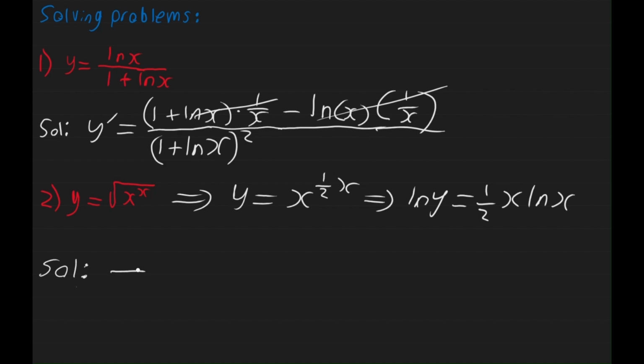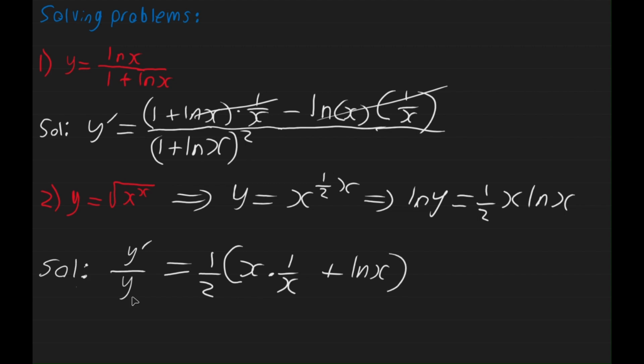So the solution is y dash over y equals half, open bracket, this is a product rule, x ln x, so x multiplied by 1 over x, which is just 1, plus the second, which is ln x, multiplied by the derivative of the first, which is x, which is 1. You don't have to write it. Multiply both sides by y, remove y, and put its value.